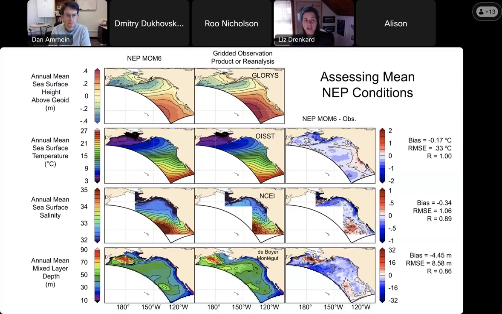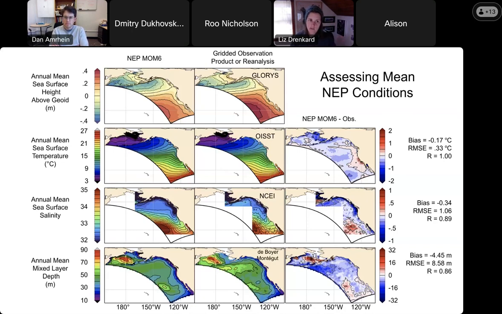Starting at the top, we're looking at the sea surface height compared to the GLORYS reanalysis again. On the left is always the NEP MOM6 result. In the middle is the gridded observation product or the reanalysis, whatever we're using as our baseline comparison that we think is going to have a reasonable estimate of what we think is the truth. And then the difference on the far right.